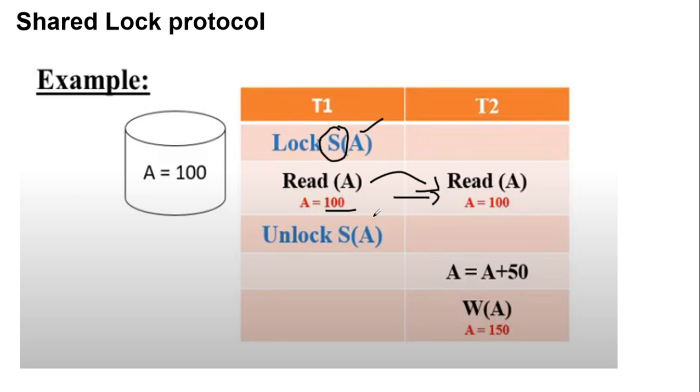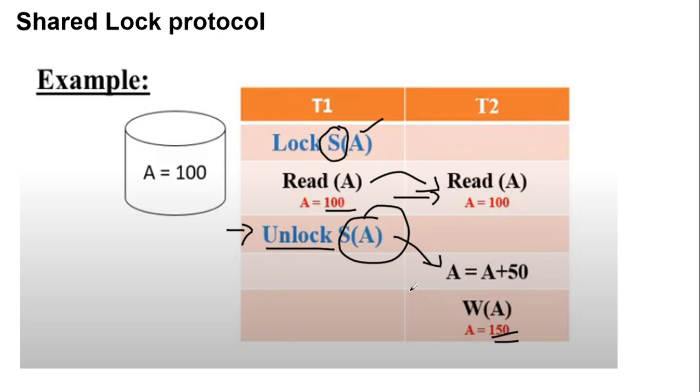Now in T1 we see the statement unlock S of A, which means item A is no longer in a shared lock, because initially it was locked, and in this period of time it got unlocked. Then it goes to transaction 2, where some ALU operations happen, the data gets manipulated, and my final result is 150.